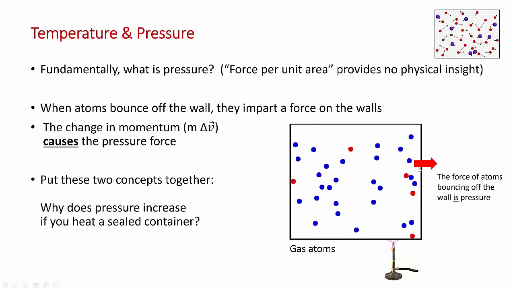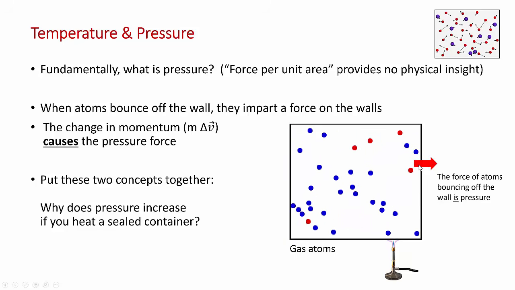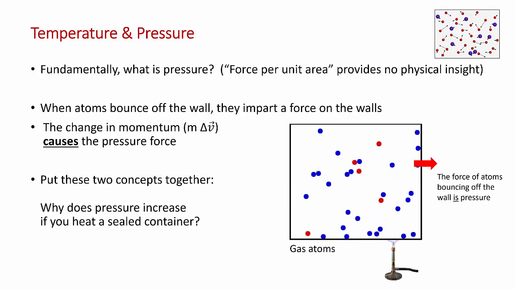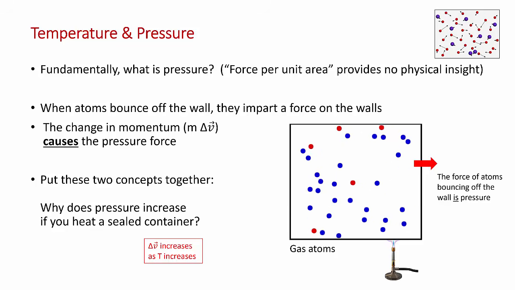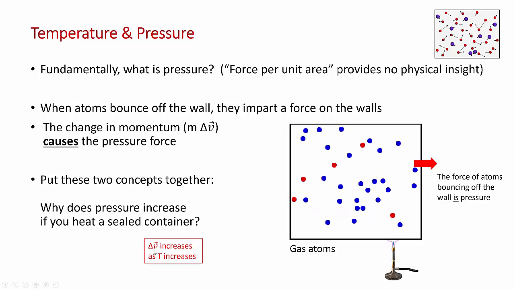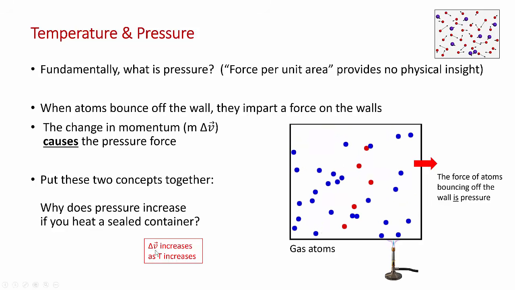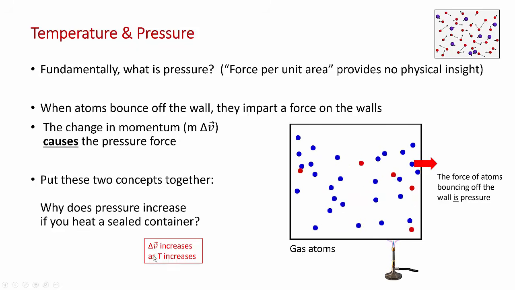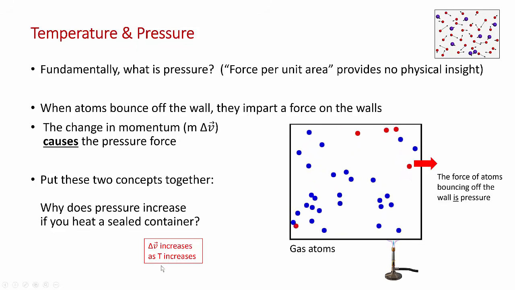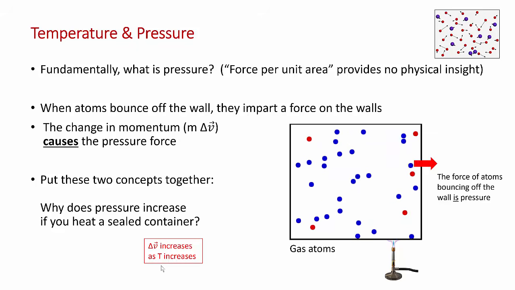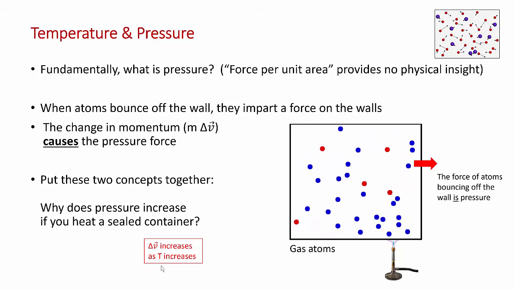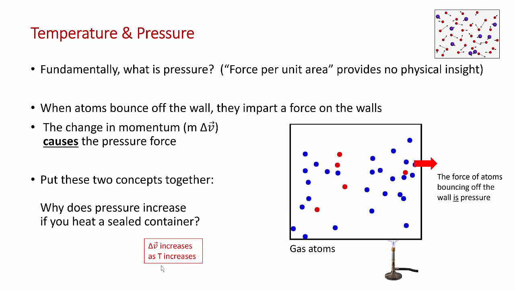They're going to impact the wall with more kinetic energy, or change in momentum as they hit the wall, which will cause the pressure to go up. So you're going to get an increase in the velocity of the particles, an increase in the delta V as they hit the wall as temperature increases. And so that's the reason why when you heat a sealed container, the pressure in that container increases.